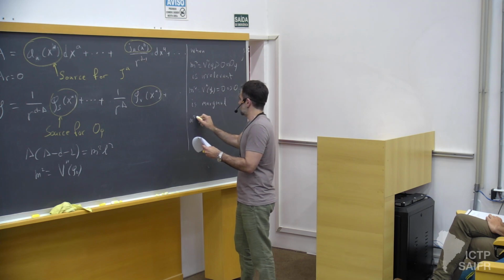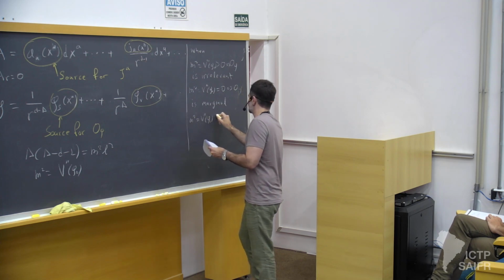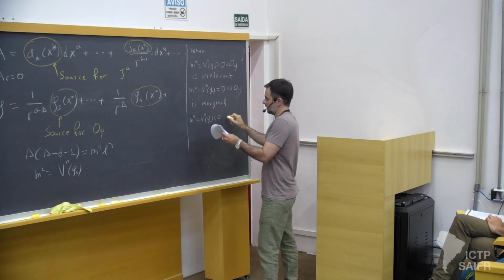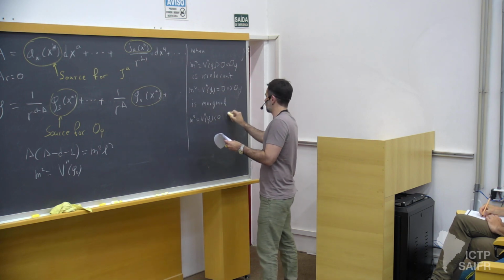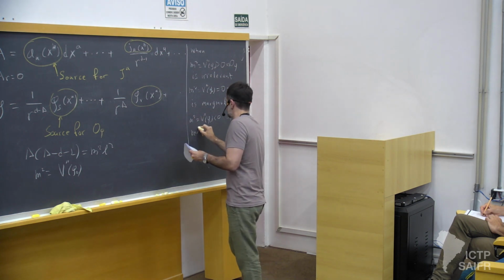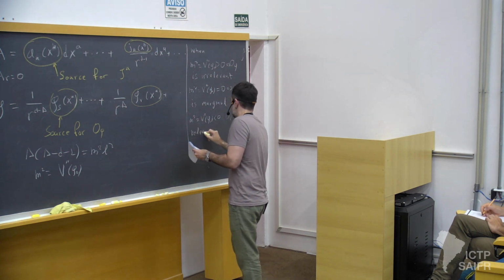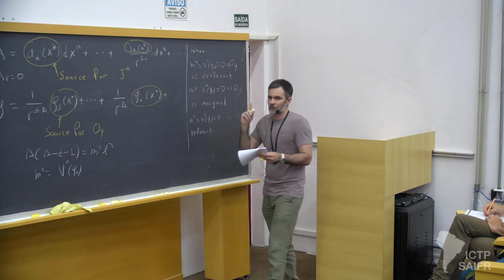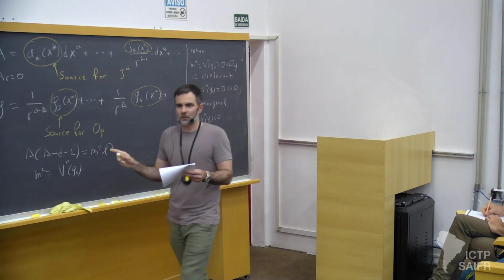Now, when m squared is negative, then O_phi is relevant as long as delta doesn't violate the unitarity bound.